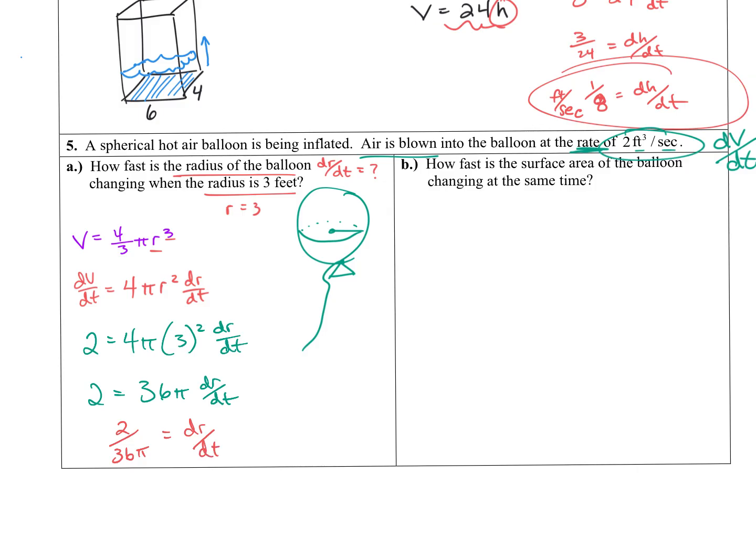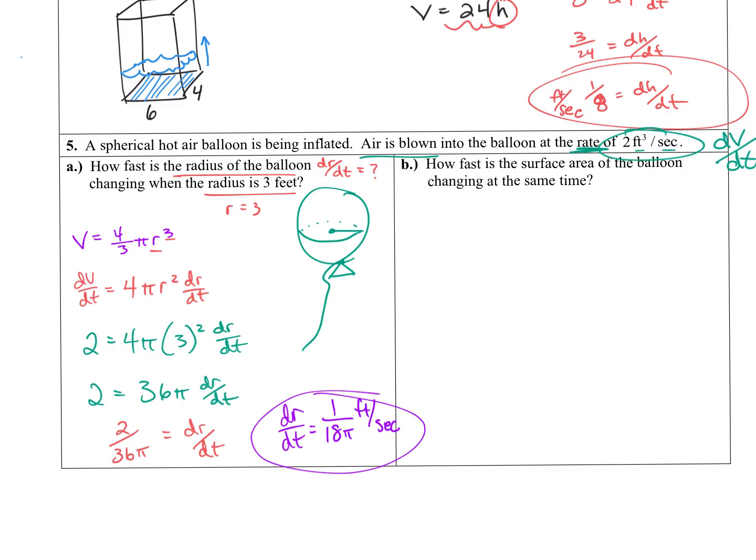So I could say that dr/dt equals 1 over 18 pi, and that would be the units for the radius, so it would be feet per time, which was seconds. There it is, 1 over 18 pi feet per second.